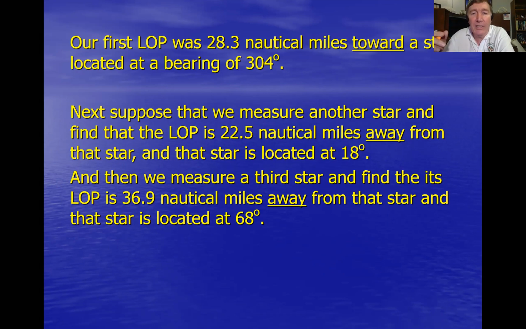So that means we need to go away for this one. When we plug the numbers into that big messy equation, it tells us that the star is located at a bearing of 18 degrees. So the bearing to the star is 18 degrees, and the distance to the LOP is 22.5 away.